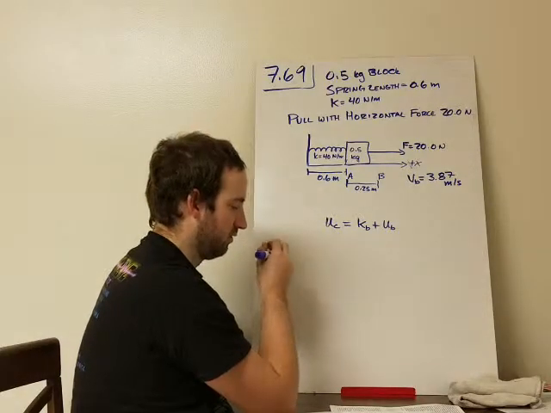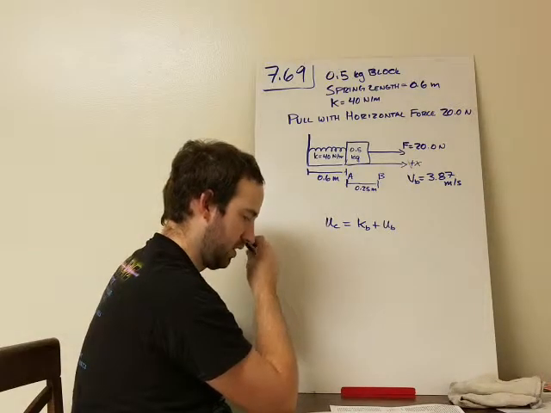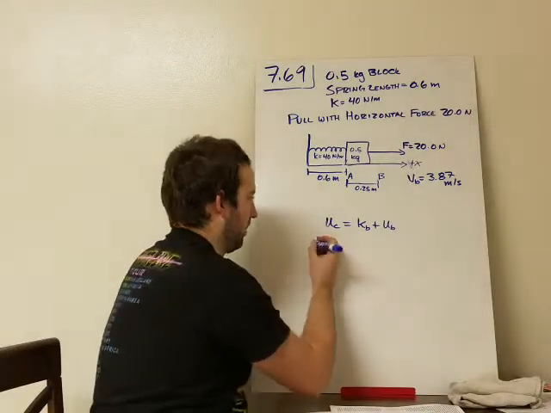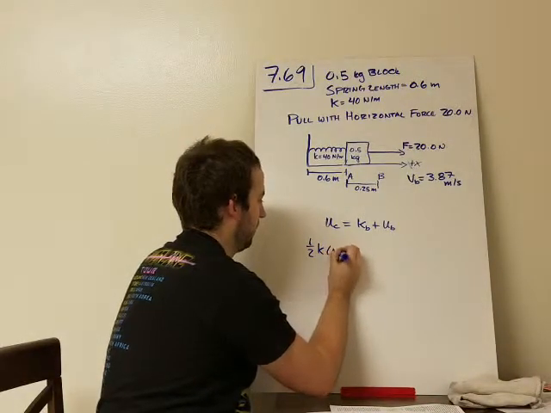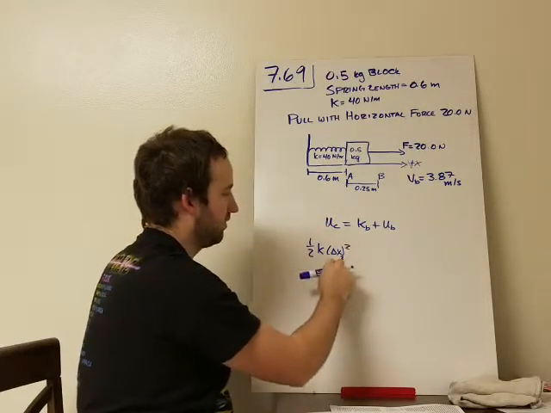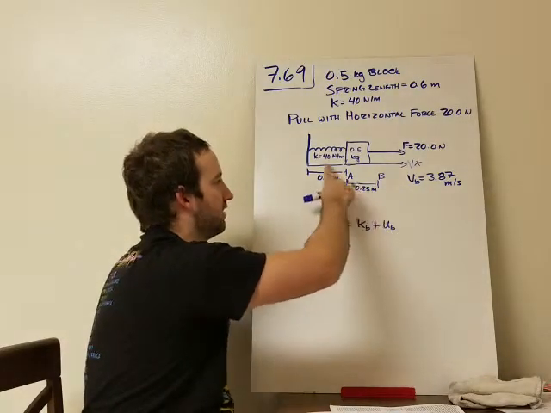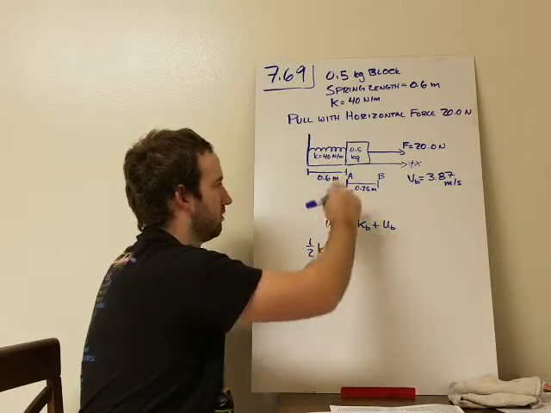Now we can expand some of this. We'll get 1/2 k times delta x squared, and I'll put a subscript 2 because this delta x is different than what we used before in part A. It's a delta x within this region.